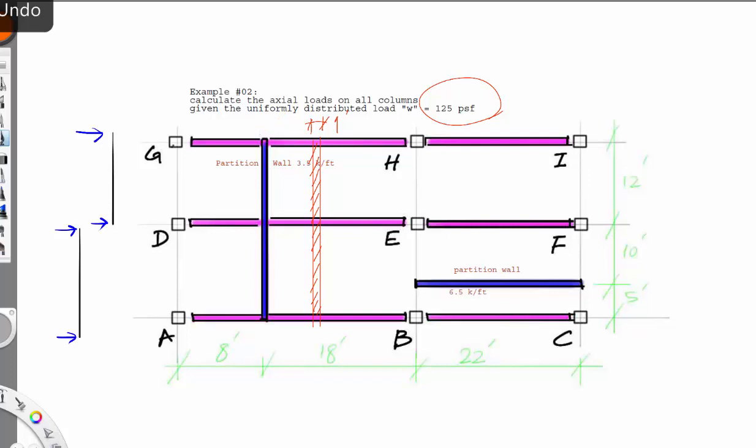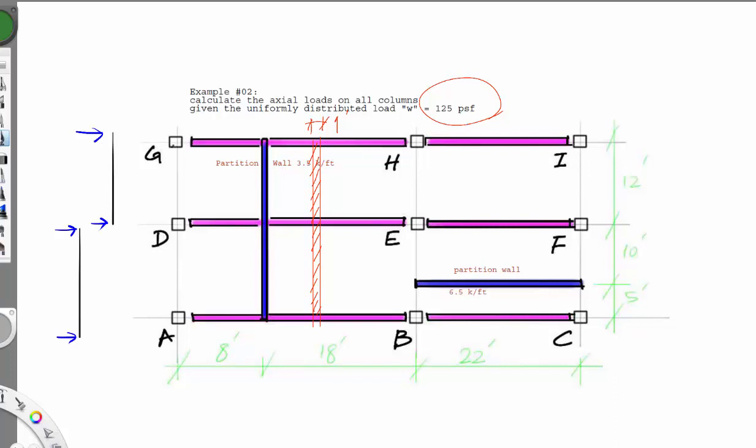So we can ignore this, and the rule is if you have the partition parallel to the short side, then we'll leave the calculation of this partition to the stage of beams. This is a rule, so if you want, you can write this down: when the partition is parallel to the short direction, it will be considered only at the beam level.